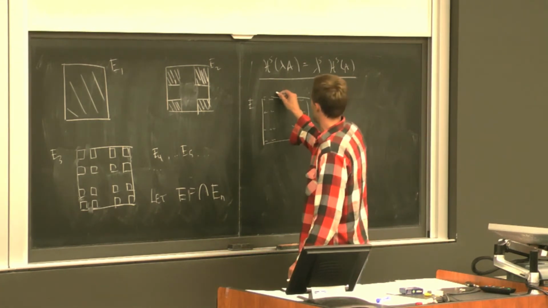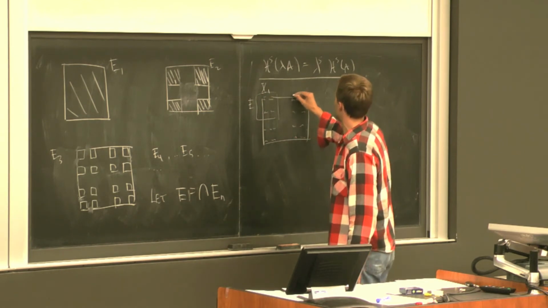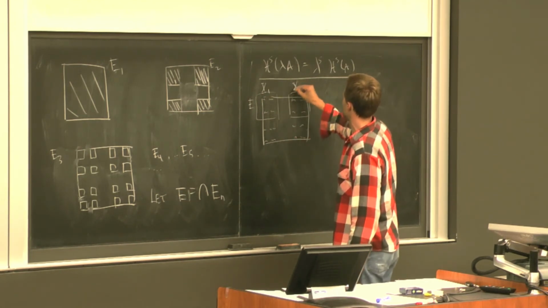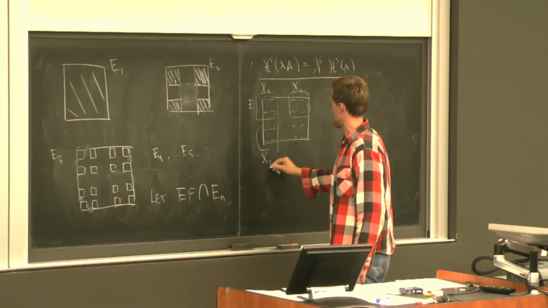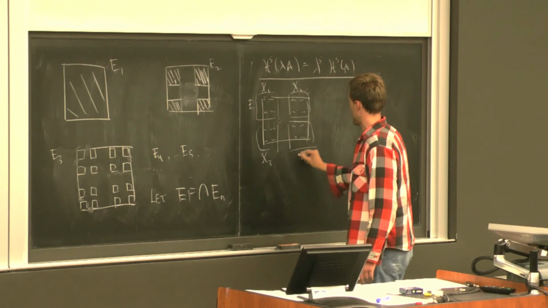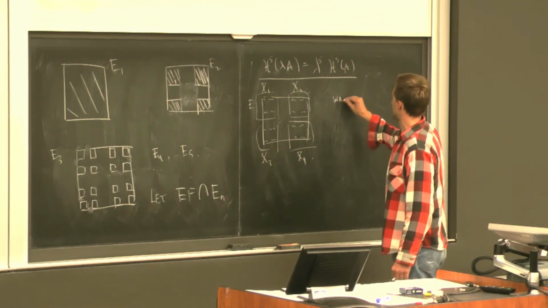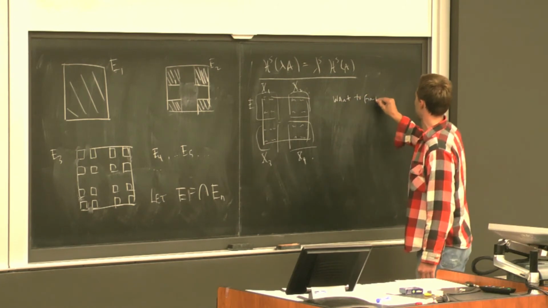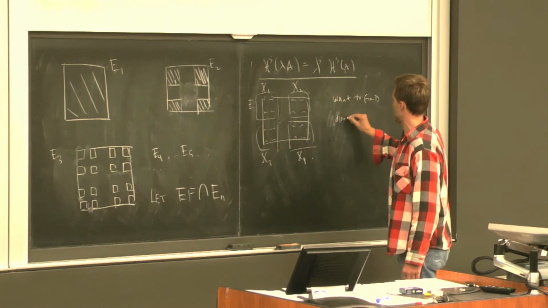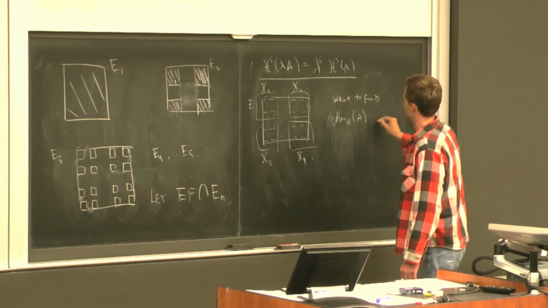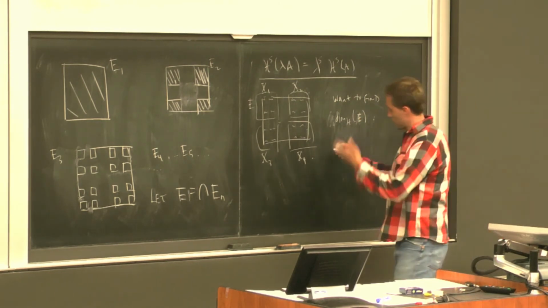But let's call this set x1, this set x2, this set x3, and this set x4, right? So we want to find the Hausdorff dimension of E.